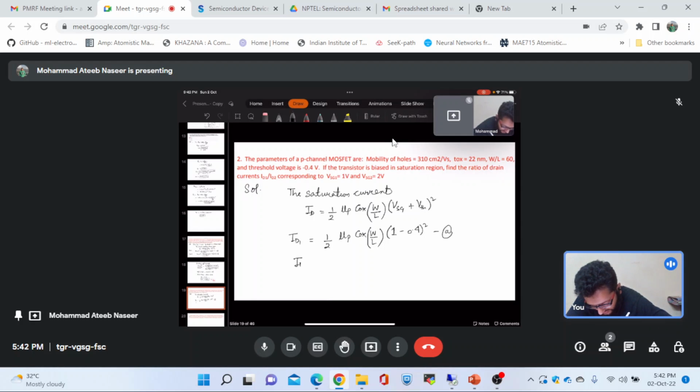Similarly, ID2 is 1 by 2 mu p Cox W by L, and this time this VSG is 2 volts. This is (2 minus 0.4) whole square.